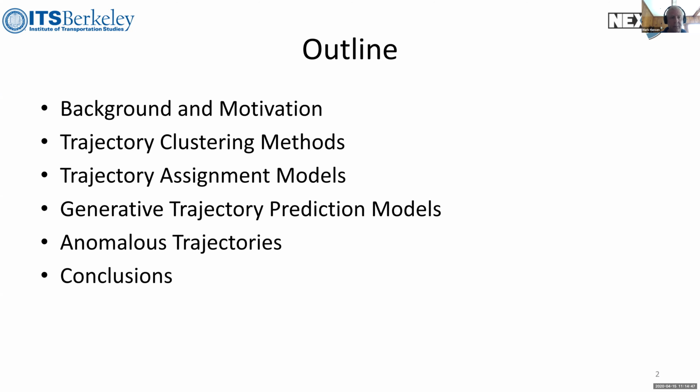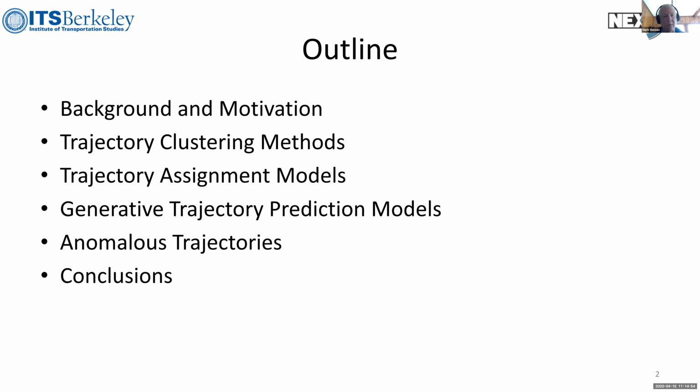I'll talk first about trajectory clustering methods, then trajectory assignment models, which is a form of trajectory prediction. Another form of trajectory prediction is generative trajectory prediction models, so I'll speak a little bit about that. And one of the use cases for modeling and analyzing trajectories is looking for anomalous trajectories, and there's a particular example of that I'll present at the end.